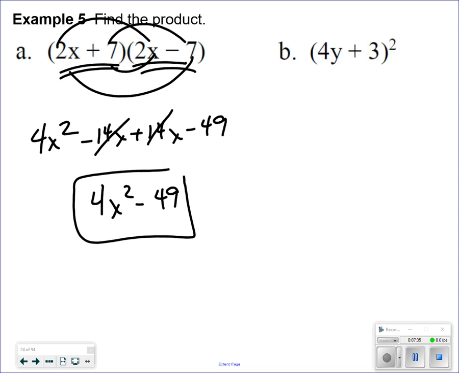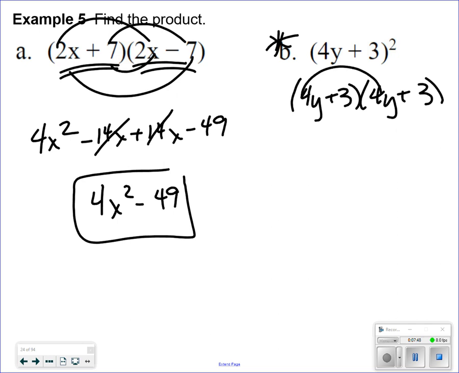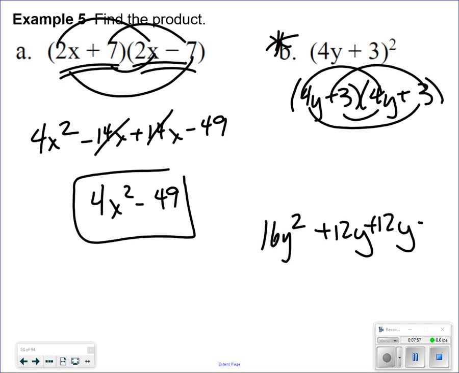Every time. And so this next one, most of you, and this one is one of the most missed questions on the quiz, forget to actually FOIL this out. You don't just square individual parts, you have to FOIL. So 16y squared plus 12y, another plus 12y, and a plus 9.